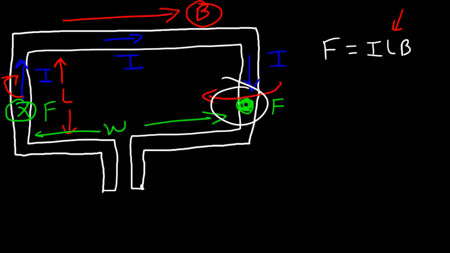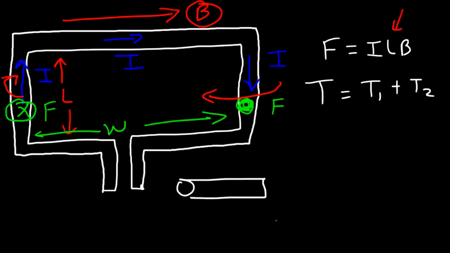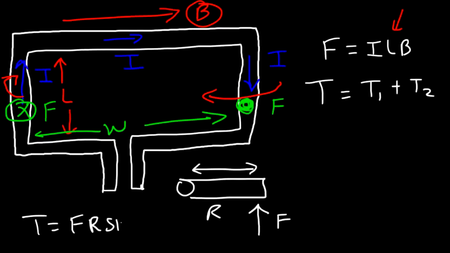This force will create a torque, and this force will create another torque that's additive. So the net torque is going to be T1 plus T2. And just to refresh you on how to calculate torque, torque is the product of the force times the lever arm. So it's F times R. And if the force is at an angle, it's going to be FR sine theta.